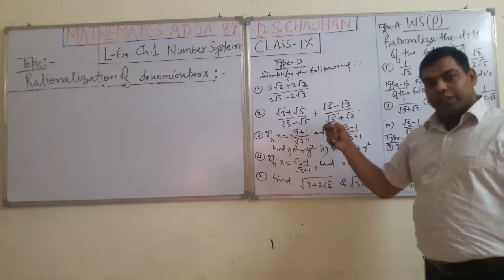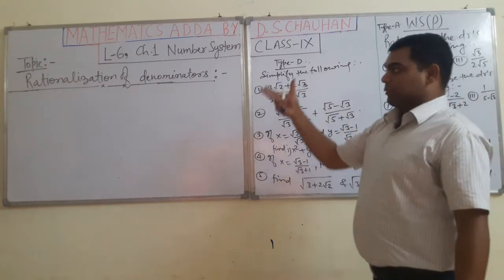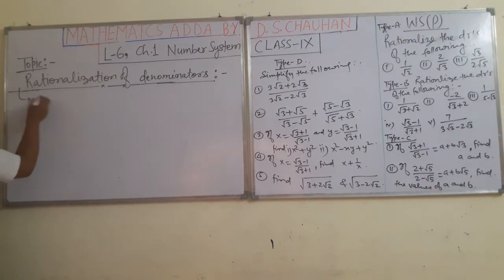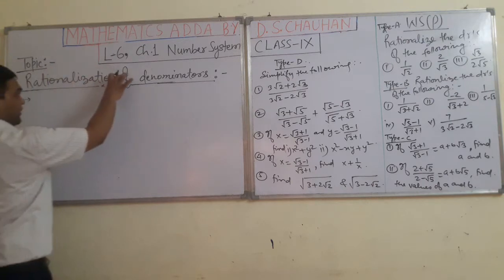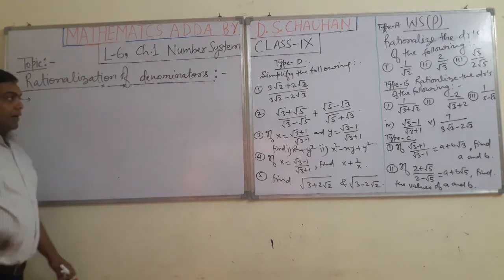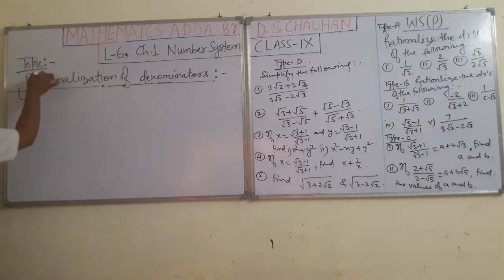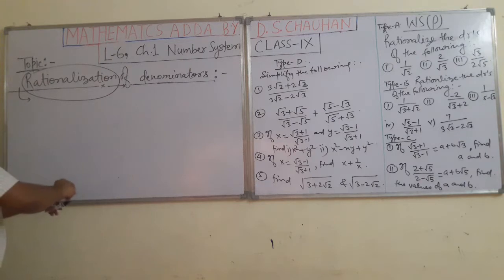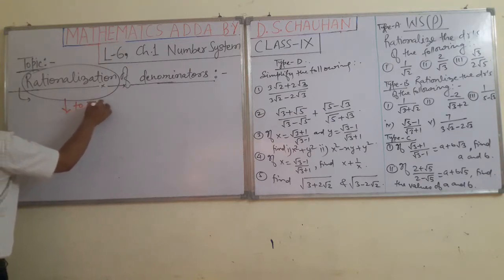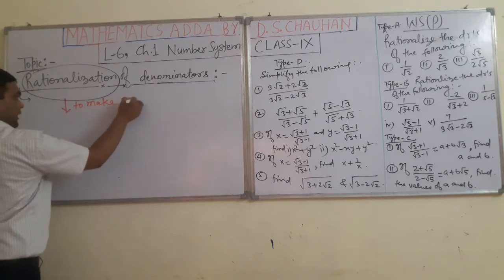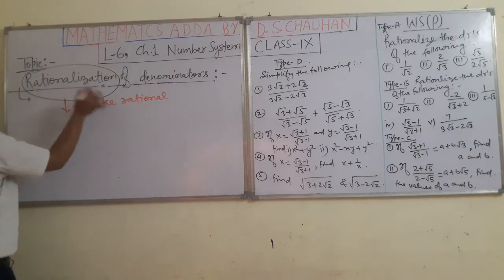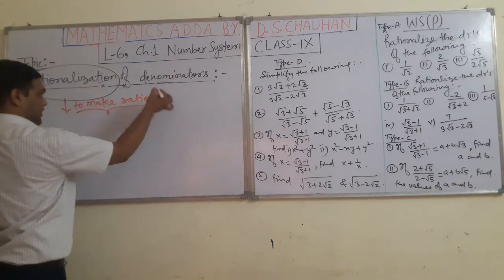But first of all, students, you have to know the concept. Now try to understand. As per the name of the topic, it is rationalization of denominators. What is the meaning of rationalization, students? The meaning of rationalization is to make rational.